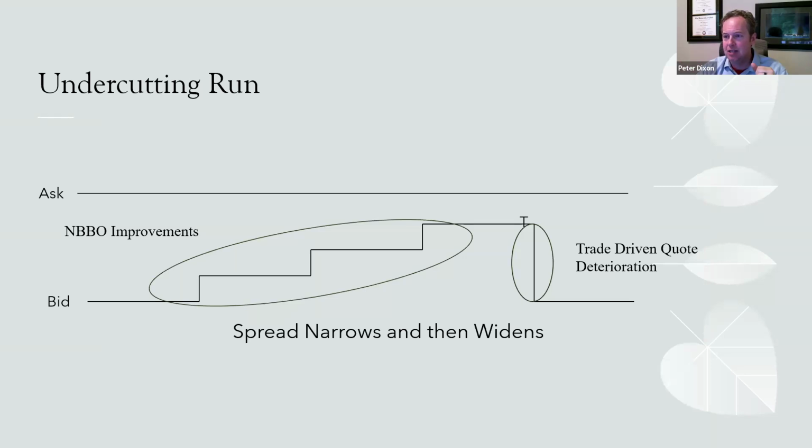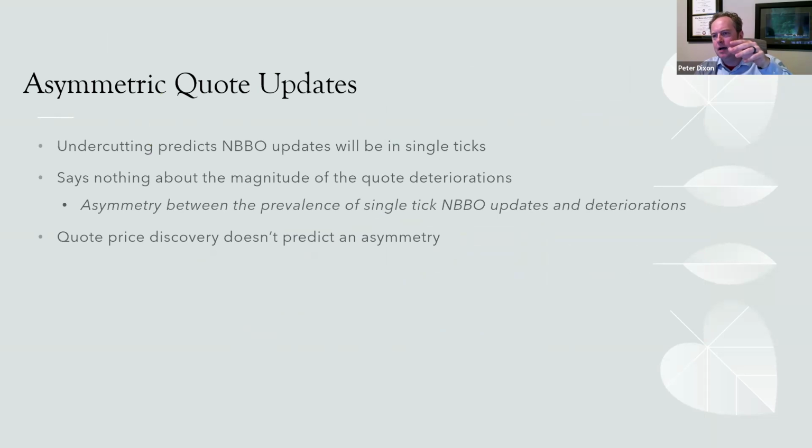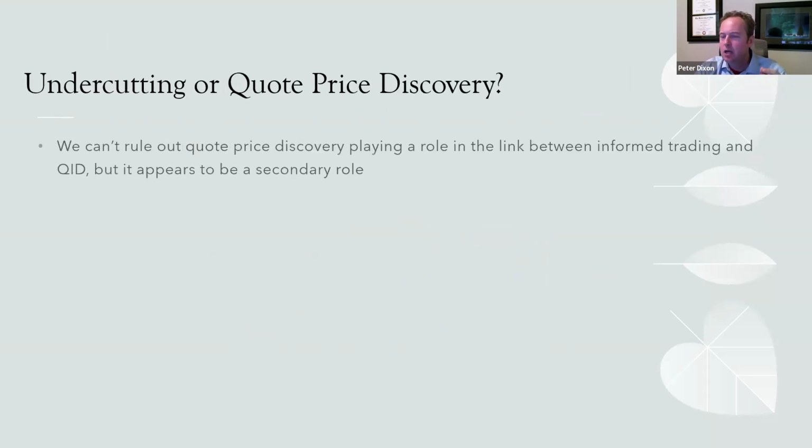I'm going to skip this. So bottom line, undercutting or quote price discovery: we can't rule out quote price discovery as playing a role in establishing the link between our quid res measure and informed trading, but it appears to be a secondary role.